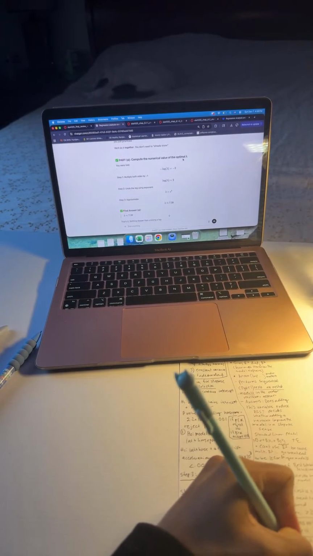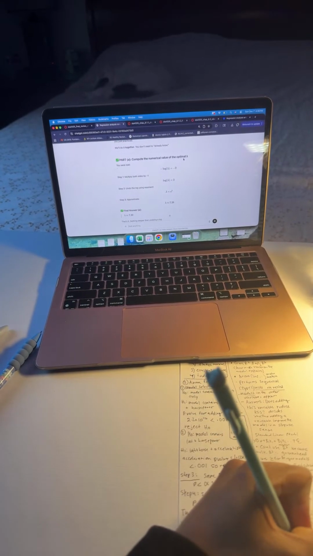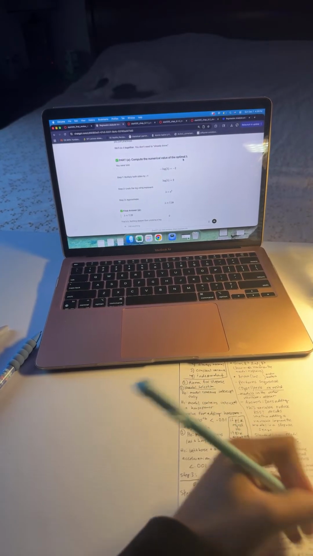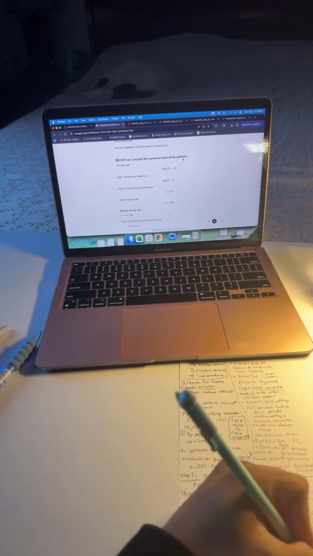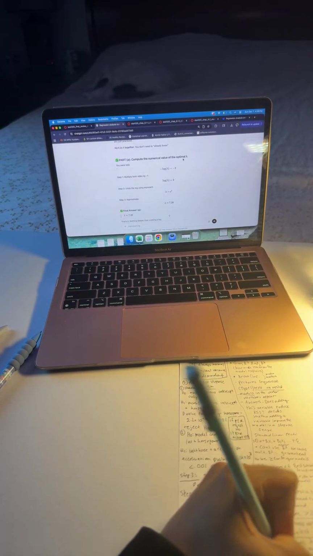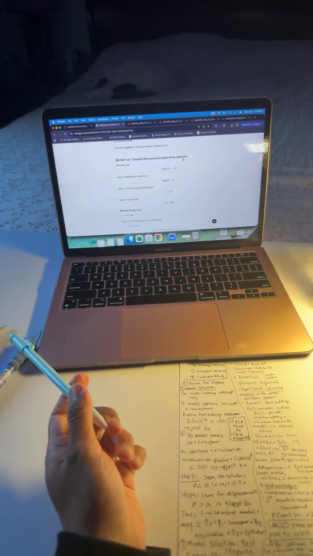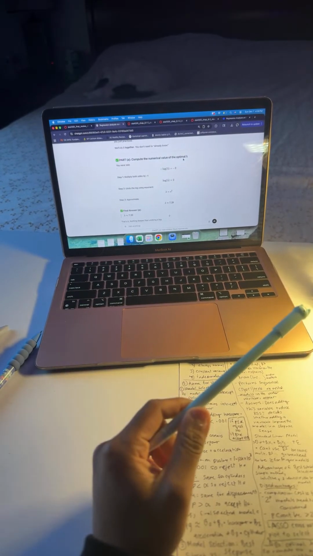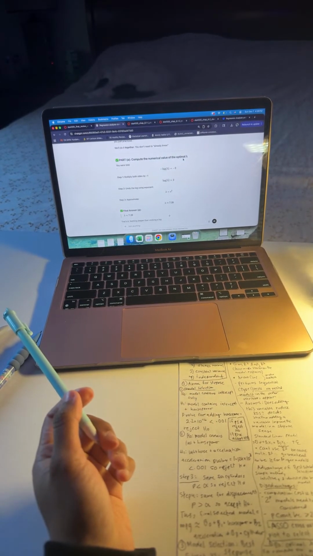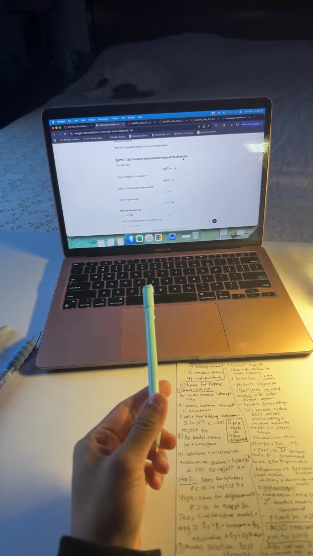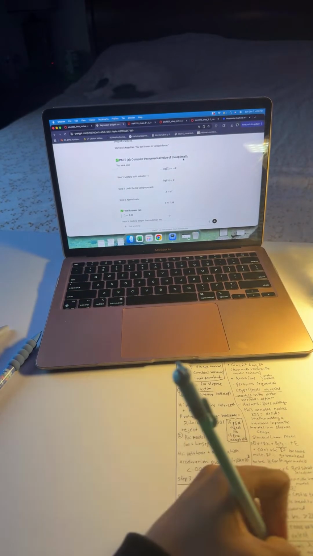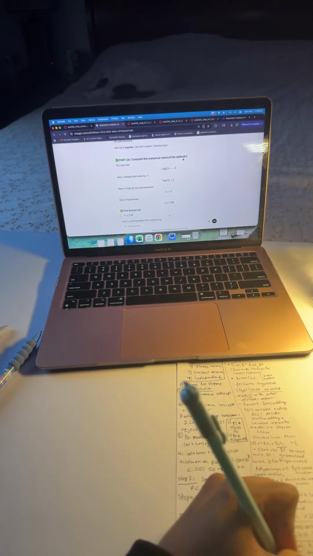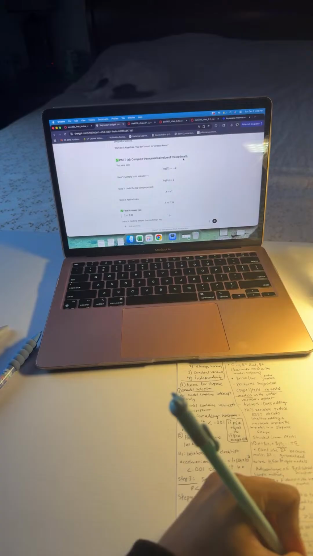Negative log lambda equals negative 2.286, and you cancel the negatives, and then you move the log to the other side by taking e, so lambda equals e to the 2.286.